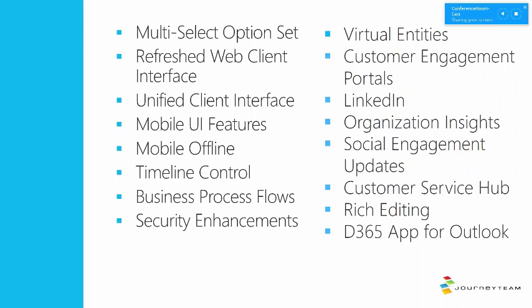So Organization Insights allows you to monitor which users are logging in, what types of records they are creating, what records they are reading, monitors which types of records in your system are the most popular, and helps you also manage your space by identifying how quickly data is growing in different modules in the system.